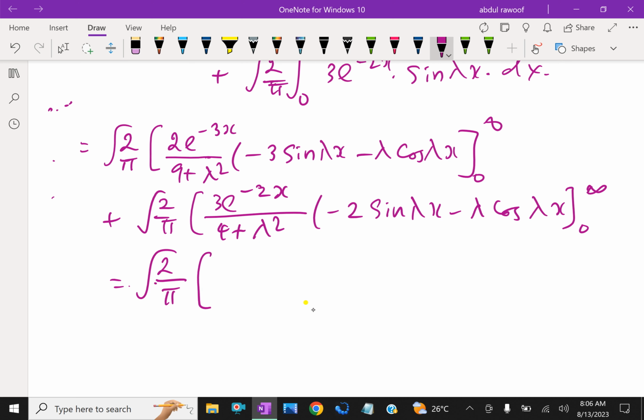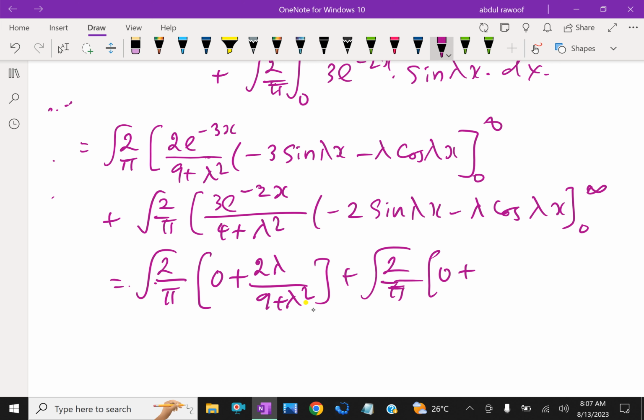Applying the limit 0 to infinity gives 0 plus 2 lambda over 9 plus lambda squared, plus 0 plus 3 lambda over 4 plus lambda squared.